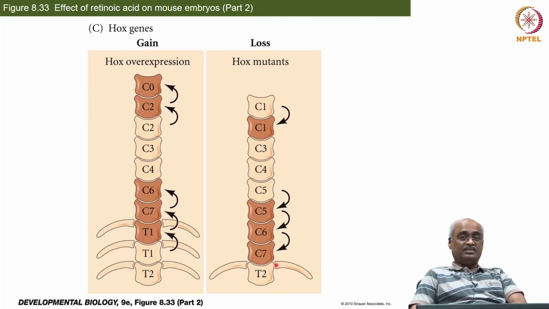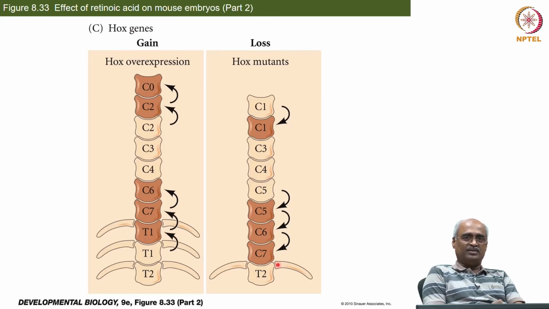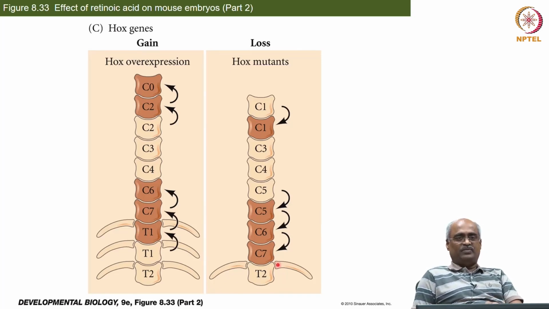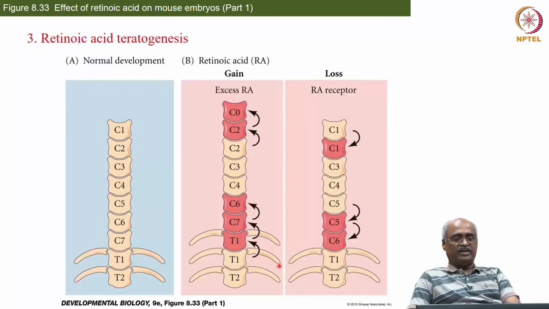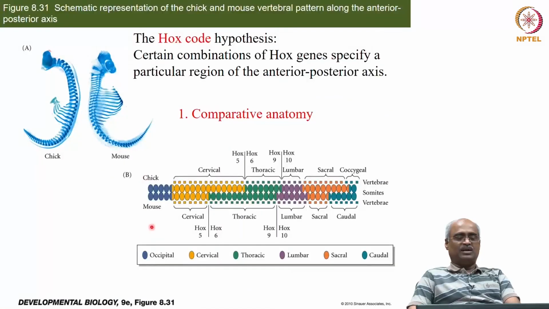So these three evidences, one is the comparative anatomy, what is the morphology of the different vertebra along the anterior posterior axis in one organism, and another organism where the morphology is slightly different, and how the gene expressions are correlated with this. So that is the comparative anatomy that we saw here between chick and mouse, and this long neck corresponds to shorter expression of HOX6 and longer expression of HOX5 in chick when you compare with the mouse.